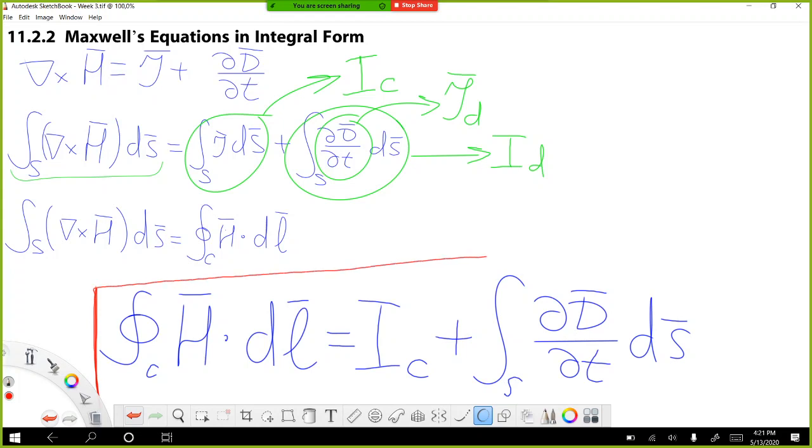This is the integral form of one of the Maxwell equations, and we also know this equation as Ampere's law.